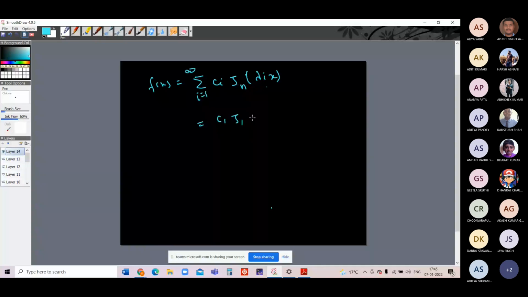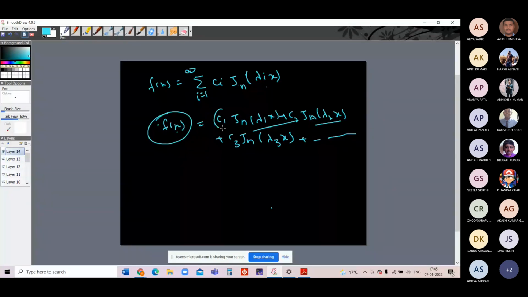To write the function in this form, we should know the coefficients c1, c2 and c3.